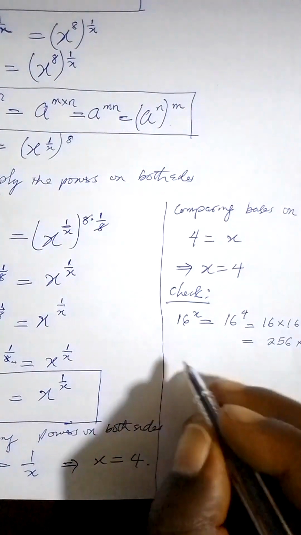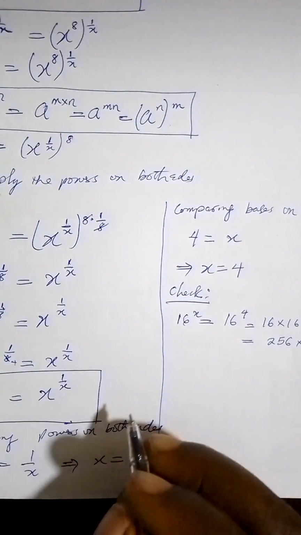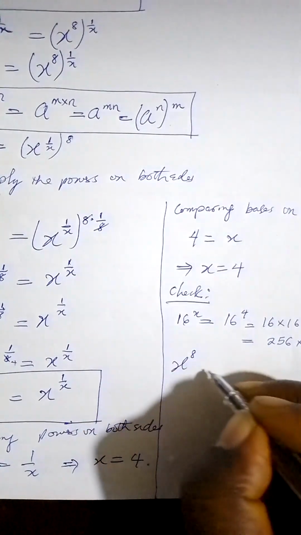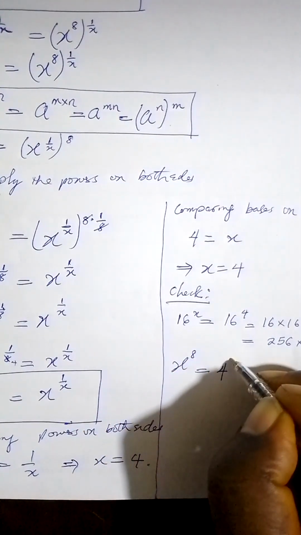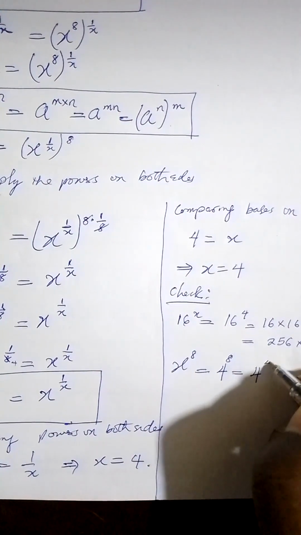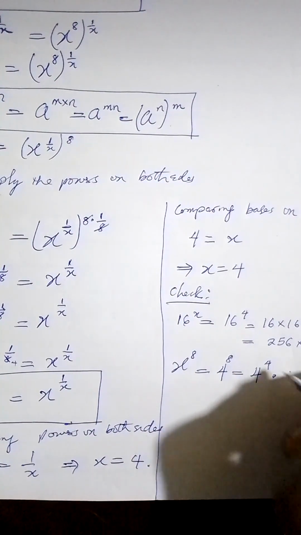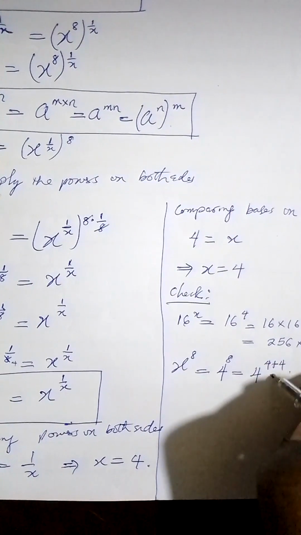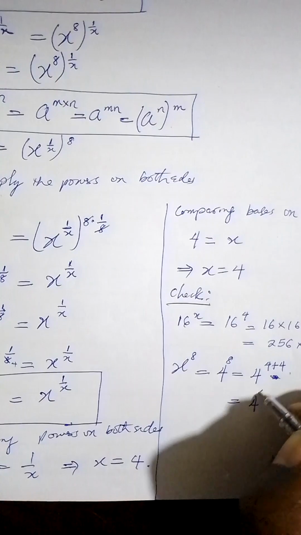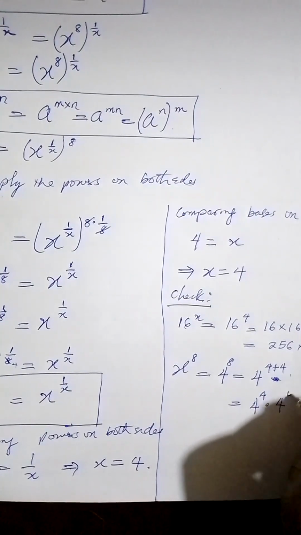Now let's look at the right hand side, which is x to the power of 8, which means 4 to the power of 8. This I can break down to 4 to the power of 4 plus 4, which means 4 to the power of 4 times 4 to the power of 4.